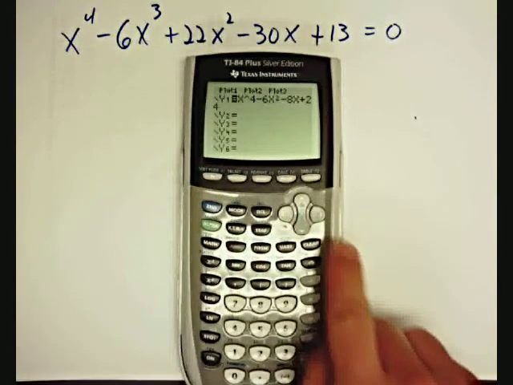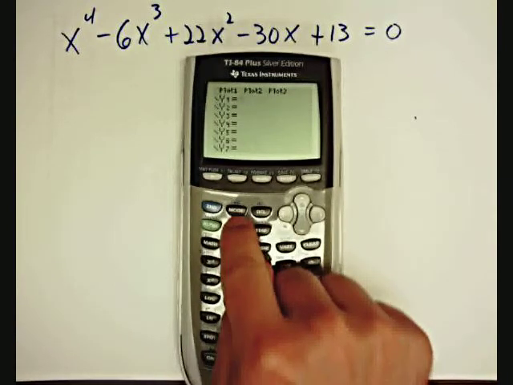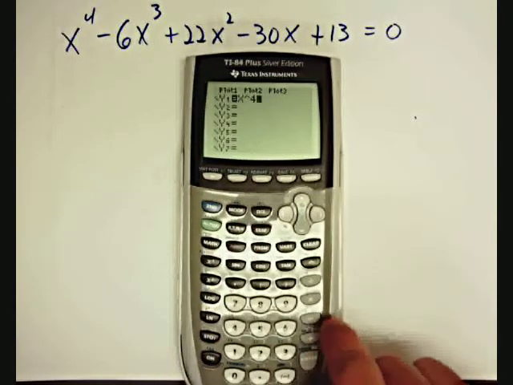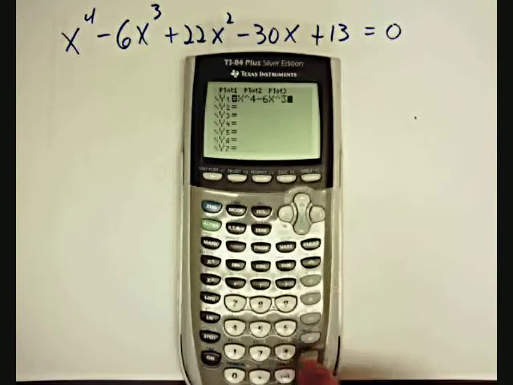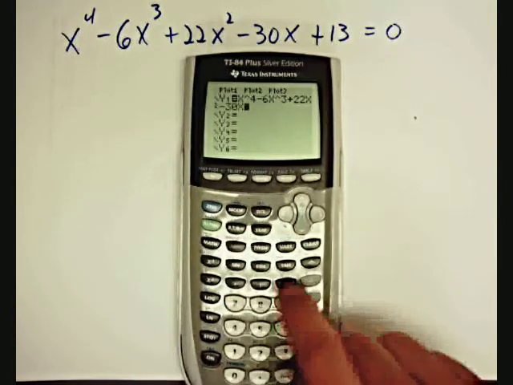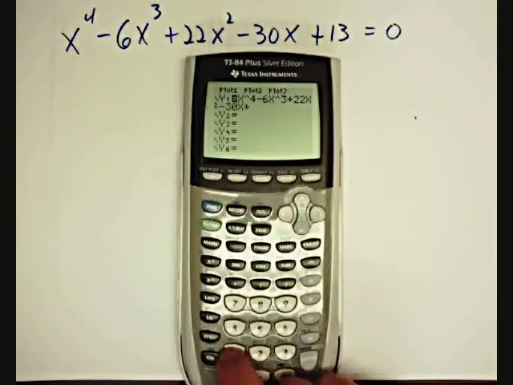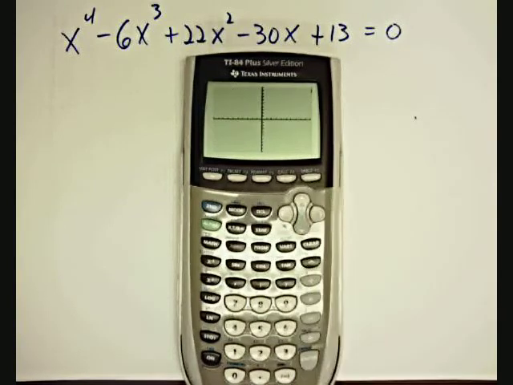Y equals, clear our other graph, x to the 4th power minus 6x to the 3rd power plus 22x squared minus 30x plus 13. Press graph.